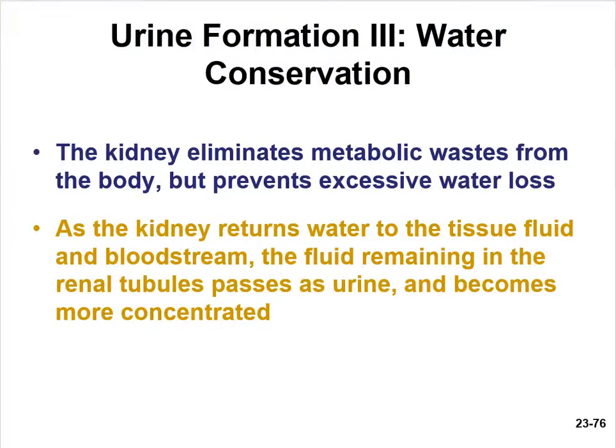The kidney eliminates metabolic wastes from the body but prevents excessive water loss. That's their job. As the kidney returns water to the tissue fluid in the bloodstream, the fluid remaining in the renal tubules passes as urine and becomes more concentrated, much like the color of the font I've chosen here.